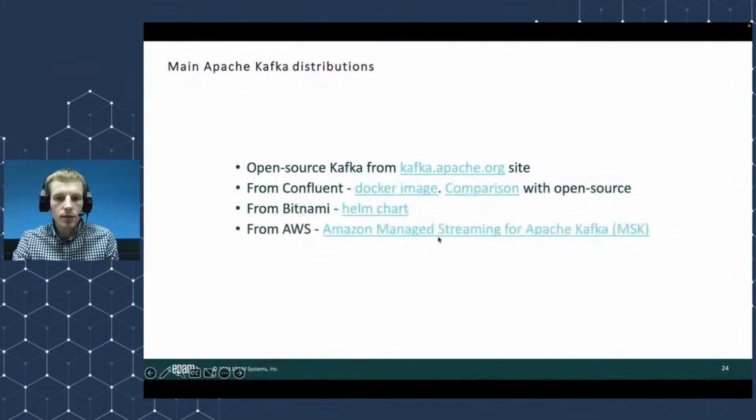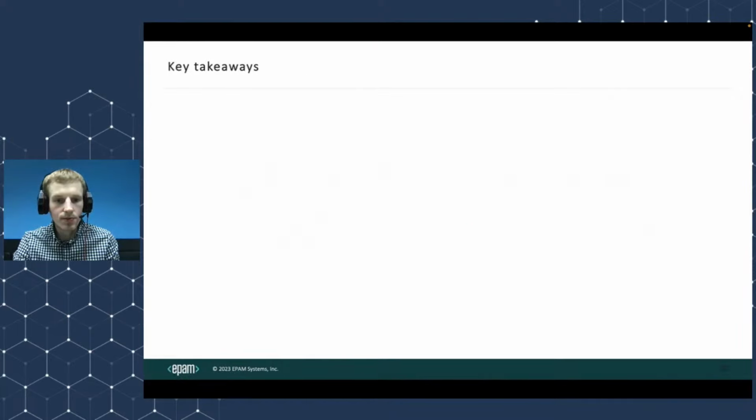And there are some other options, like you can use AWS Cloud, and there are different providers. So to summarize, to speed things up, add partitions and consumers that will help you to distribute the processing across the whole cluster.